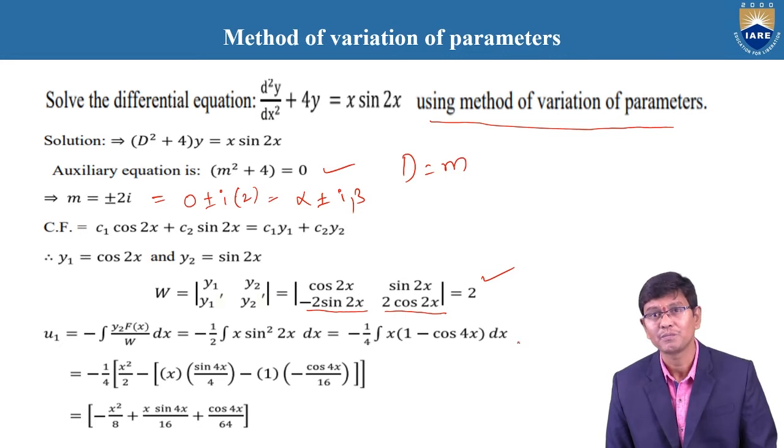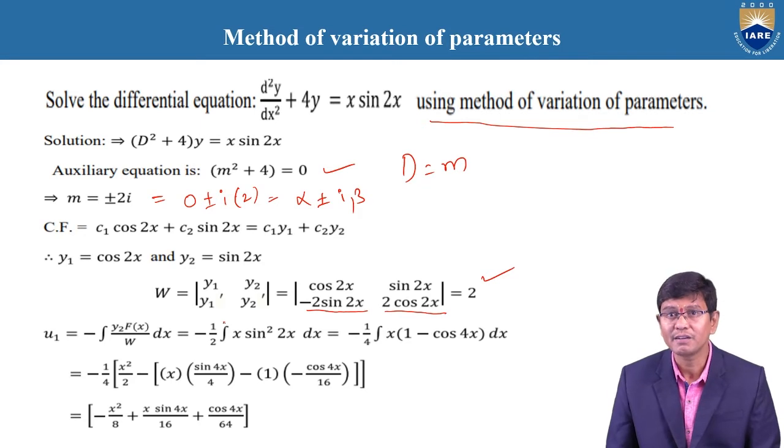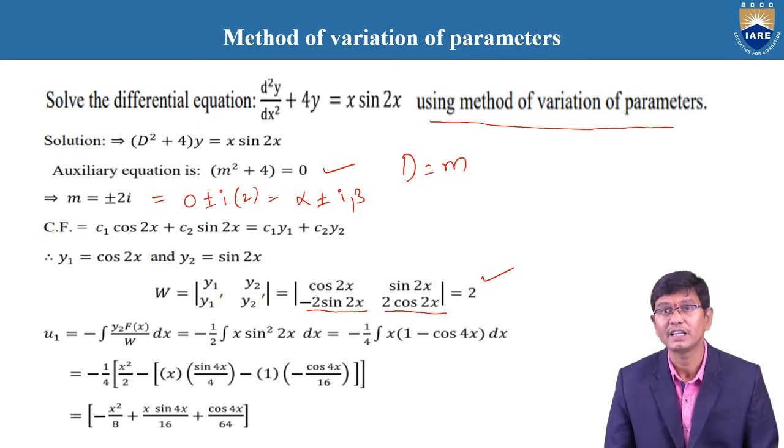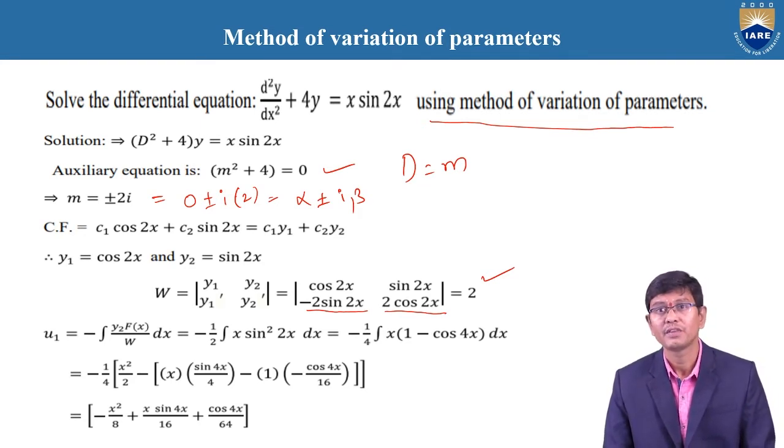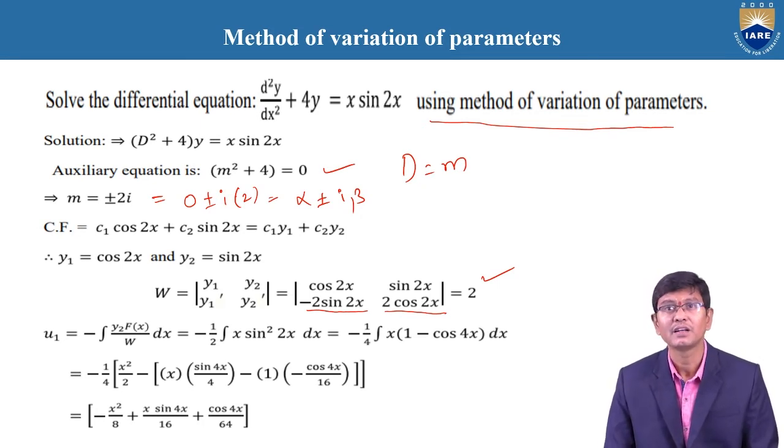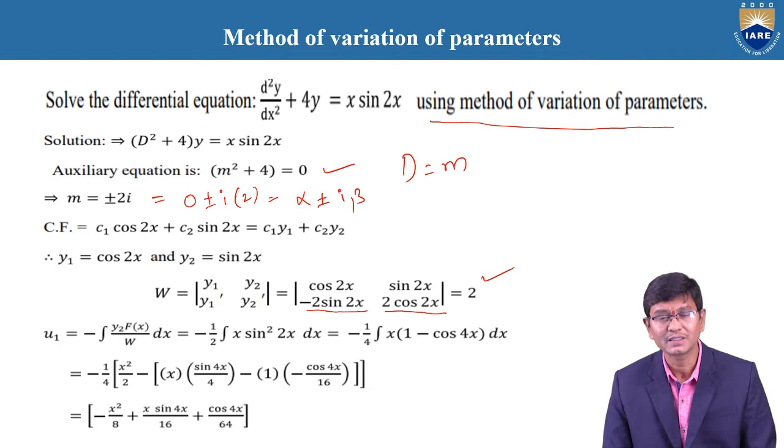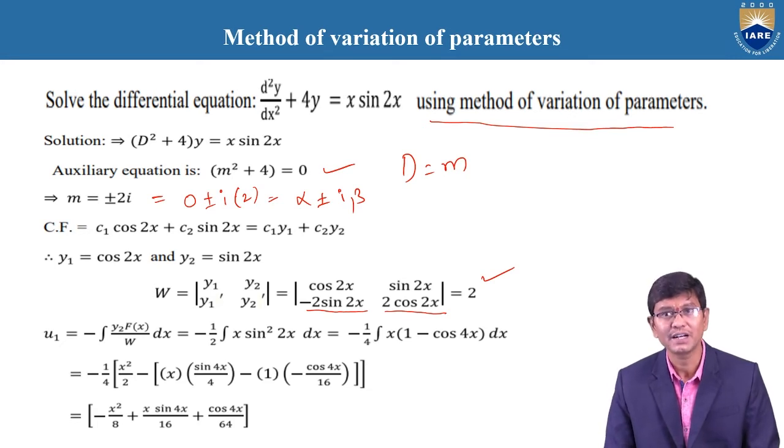Now, with the help of this Wronskian value, we need to find u1 and u2. u1 is calculated with the formula: the negative of the integration of y2 into f of x by W into dx. Therefore, the negative of 1 by 2 into y2, which is sin 2x, and f of x is x into sin 2x.